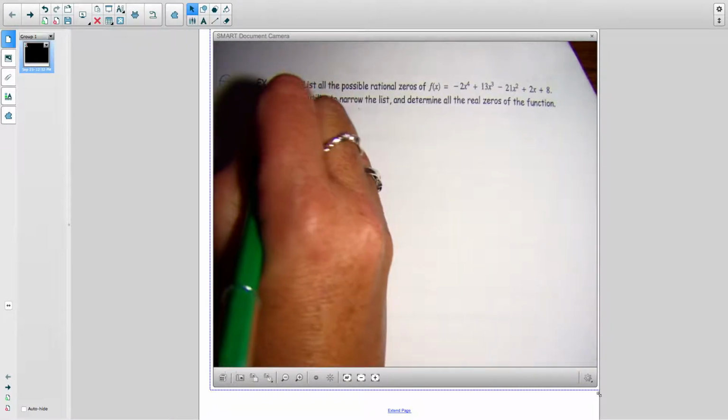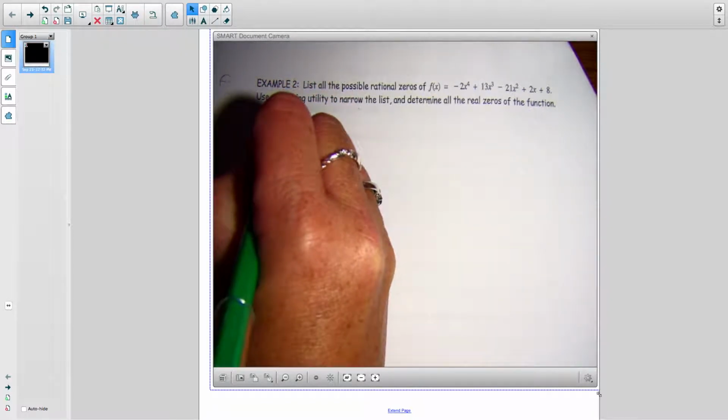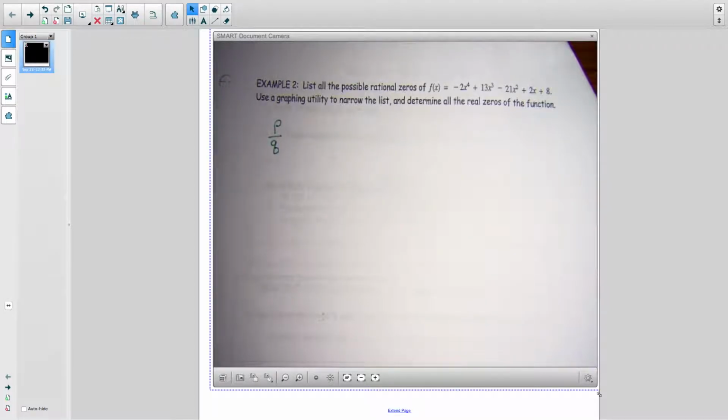So remember, p over q is the form that we're going to have. P is what?